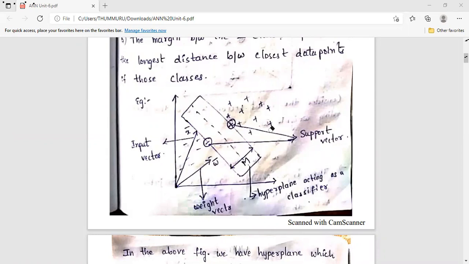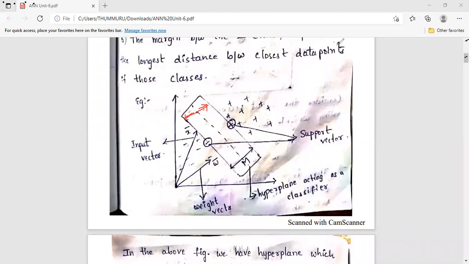It finds the marginal difference between the two classes of data. So the data points that lie on the decision boundaries are called the support vectors.